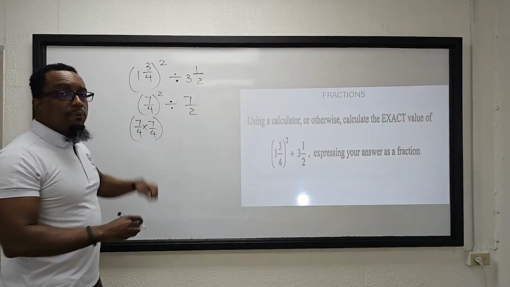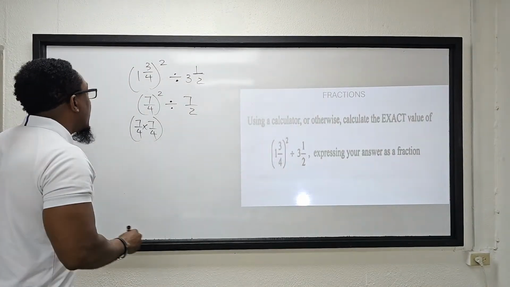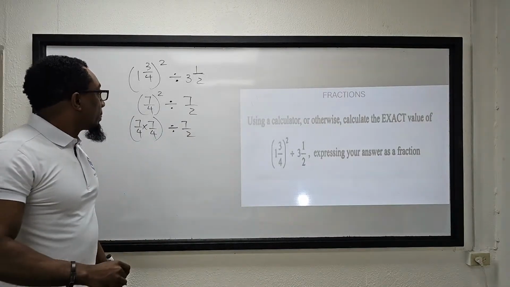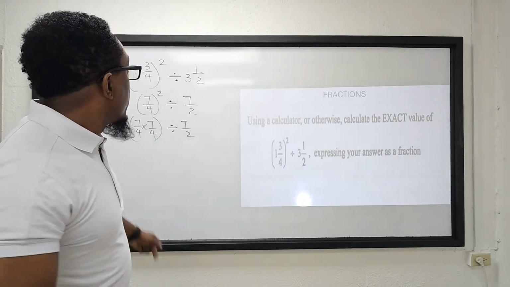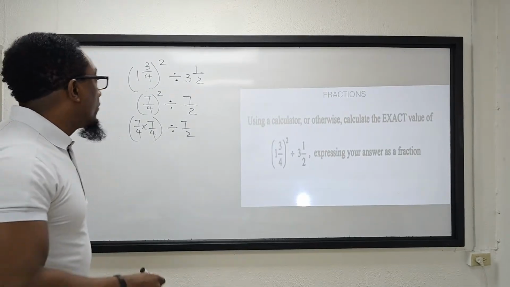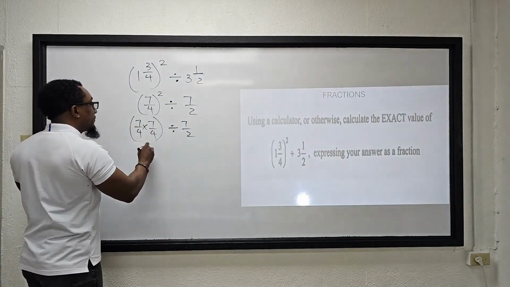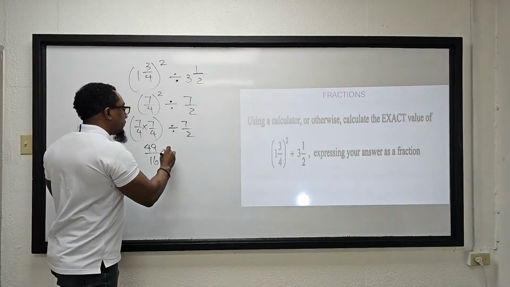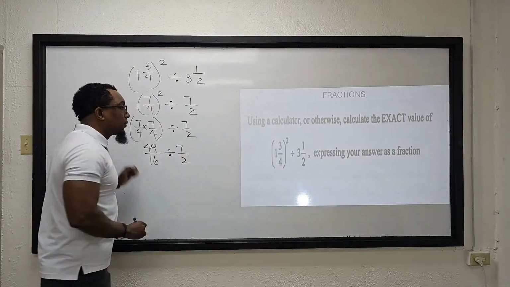That is what 7/4 squared represents, divided by 7/2. So we know from the rules of BODMAS, we're going to work what's in brackets first. So we know 7/4 by 7/4 will be 7 by 7 is 49 all over 16 divided by 7/2.